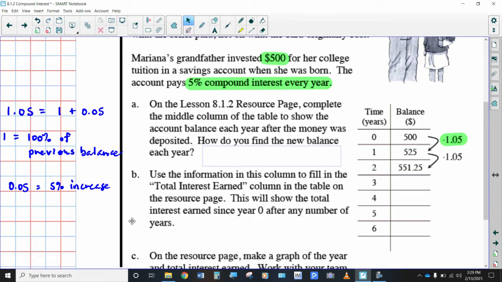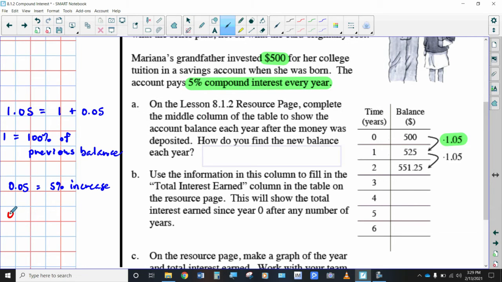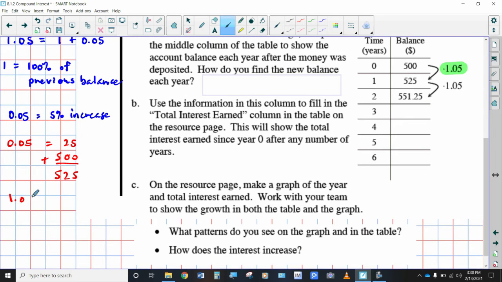So you may recall last year when we talked about how there were 2 different multipliers that would apply to this situation. You could either figure out what 5% was, which would be $25, and then add it to the original amount to get $525, or you could have just multiplied times 1.05, and that would have given you the new amount right away.